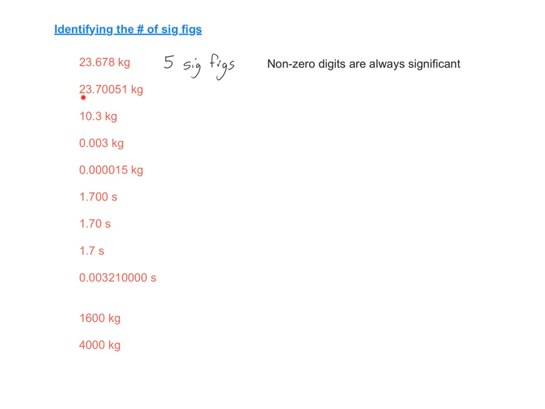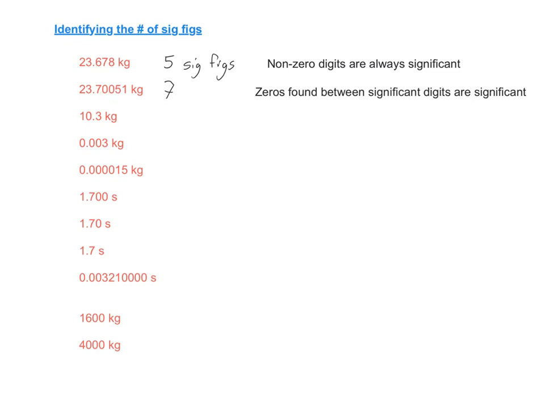In this next example, there are 7 significant figures. And as a general rule, anytime there are zeros that appear sandwiched between non-zero numbers, then those zeros count.